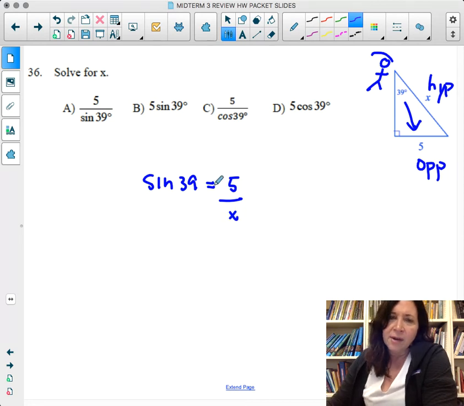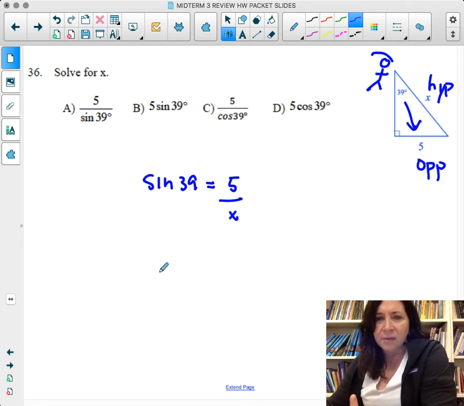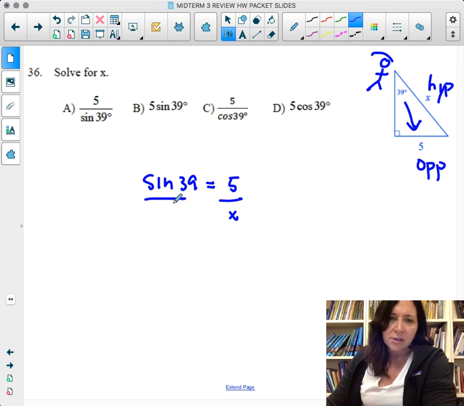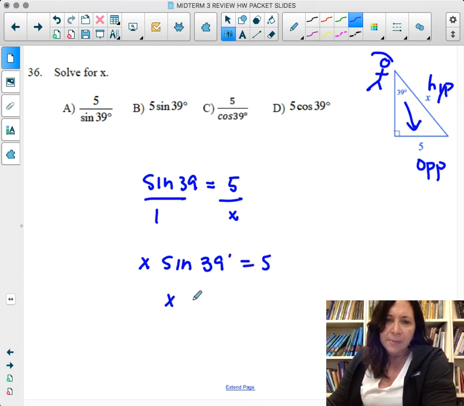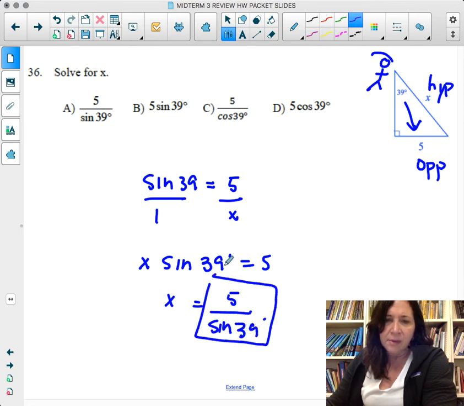Now, you're not going to leave your answer there because calculator ready basically means you're solving for x. So I'm going to put a 1 under that, and I'm going to cross multiply. I get x times sine of 39 degrees is equal to 5. I get x equals 5 divided by sine of 39 degrees. So that's what my answer is going to be.